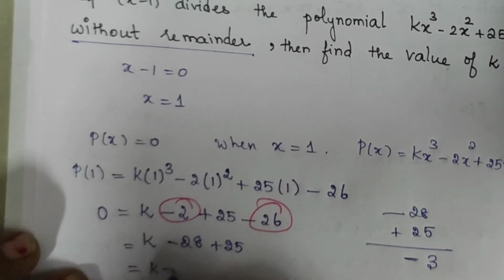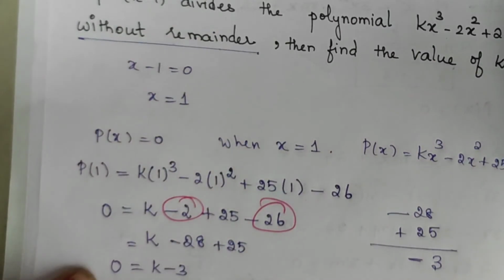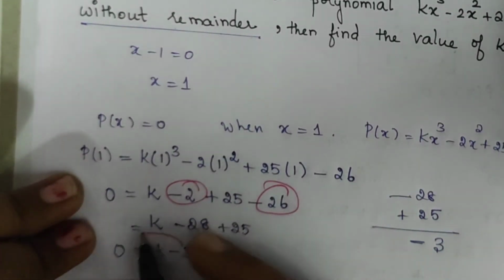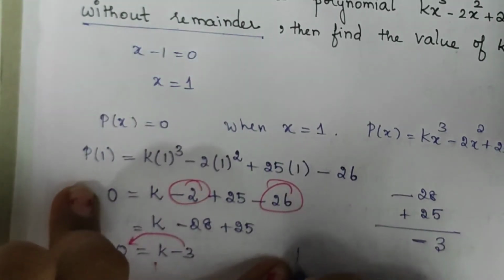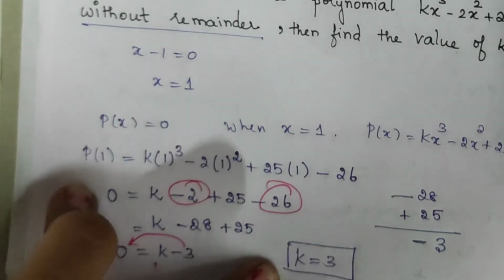So k minus 3 is equal to 0. We are asked to find the k value, right? So take this minus 3 to the other side. Therefore, k is equal to plus 3. This is what we are asked to find.